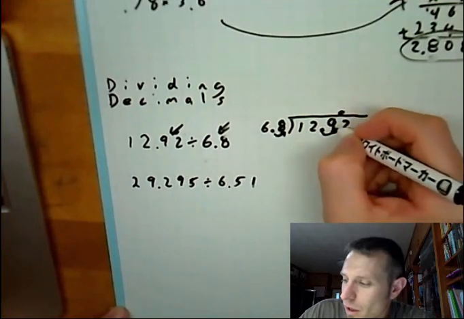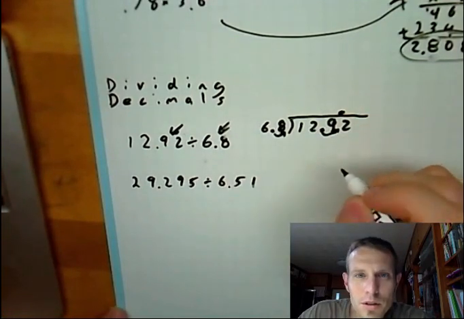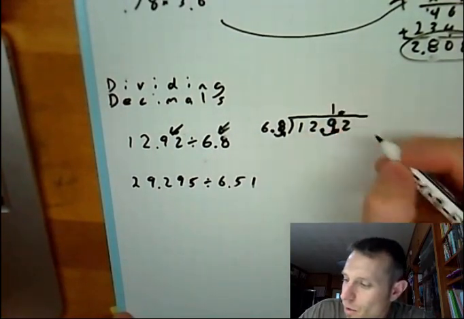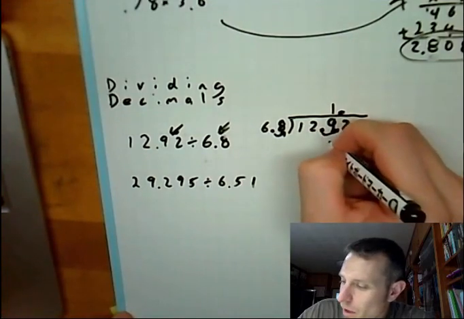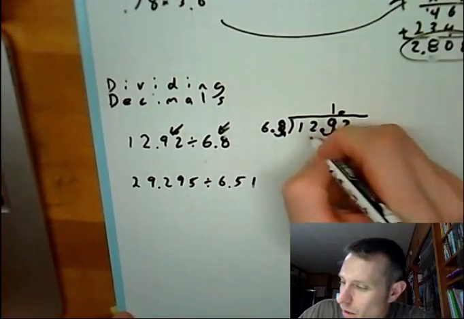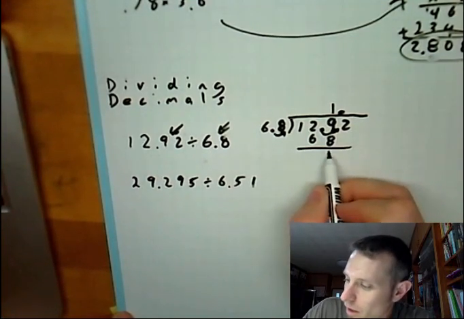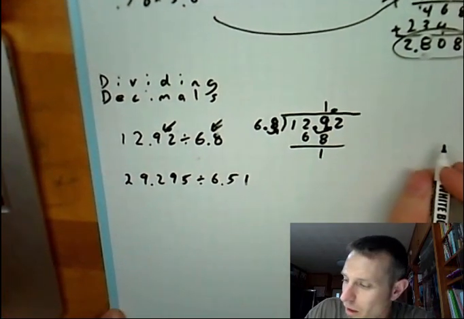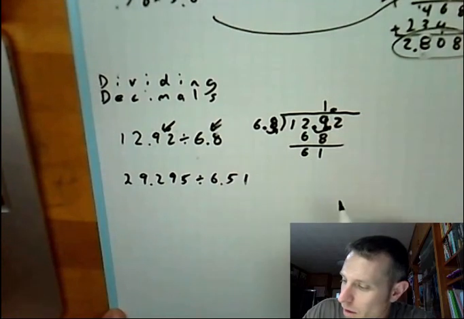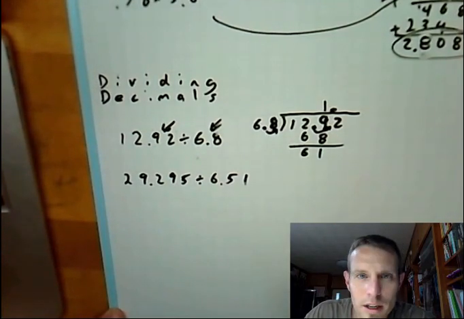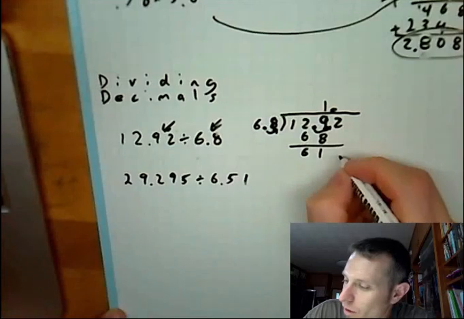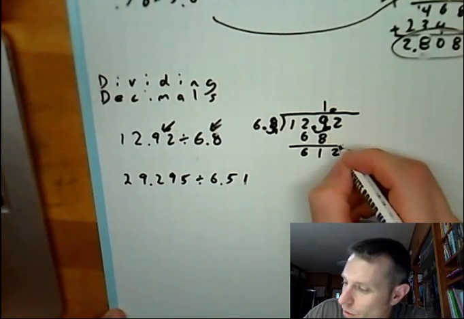68 goes into 129. Looks like it almost could go in 2, but not quite. So let's put 1. 1 times 8 is 8. 1 times 6 is 6. If we do this subtraction, 9 minus 8 is 1, and 12 minus 6 is 6. So sure enough, we didn't quite have enough to do that with 2. Let's bring down the 2.